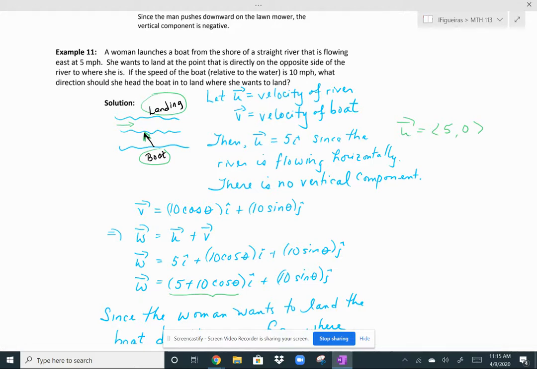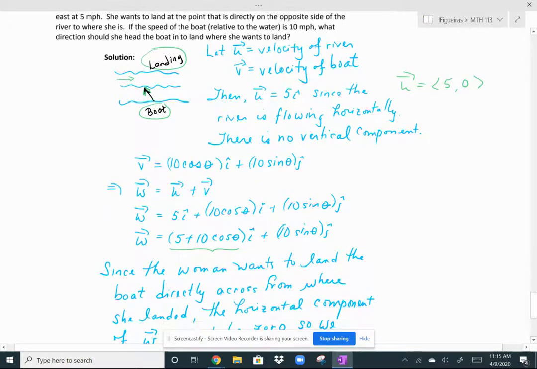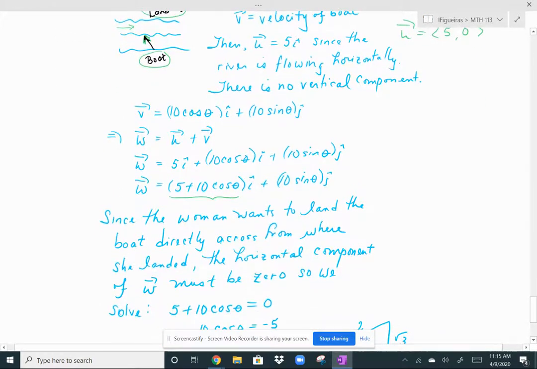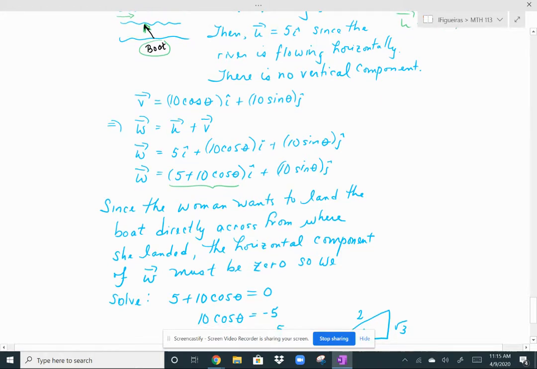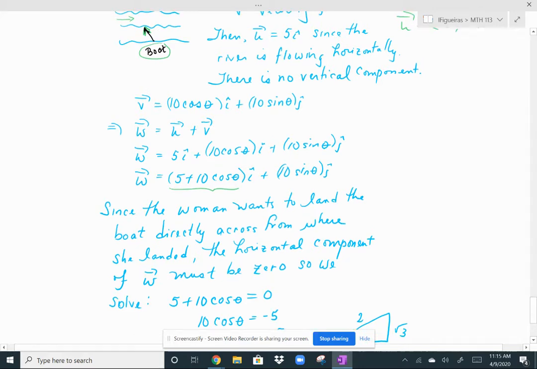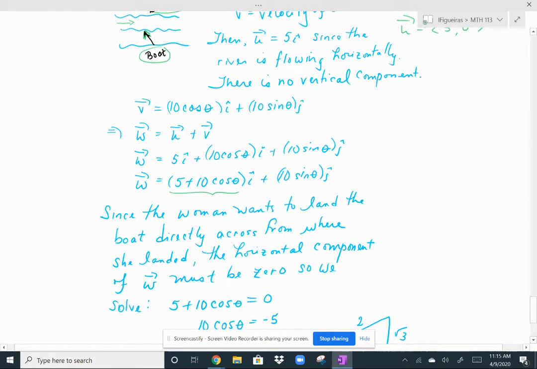Okay. So remember, she wants to land the boat directly across from where she started. That means that her horizontal component has to equal 0. She basically wants to go vertically. She doesn't want to move horizontally from where she started off.